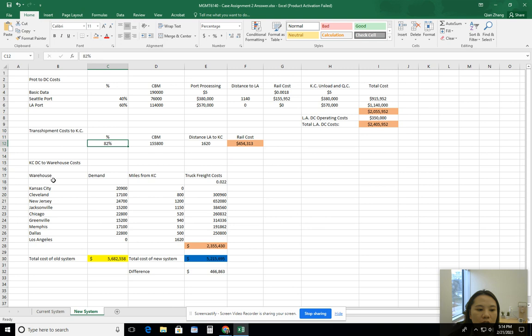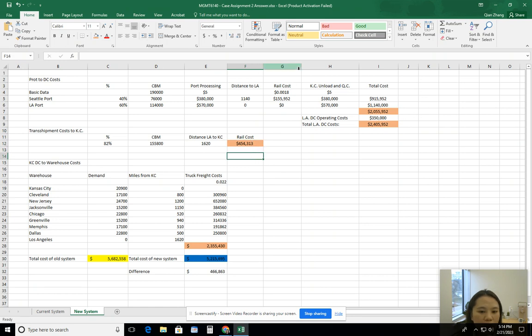So except for the freight costs to other warehouses, we need to add a transshipment cost to Kansas, which is 82% of the total CBM, and the distance from LA to Kansas is 1,620. So the real cost will be 0.0018 times the total CBM times the distance. So we have the real cost here.